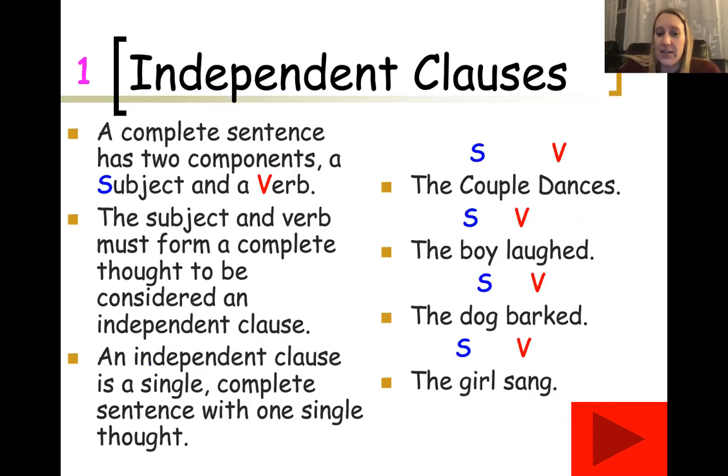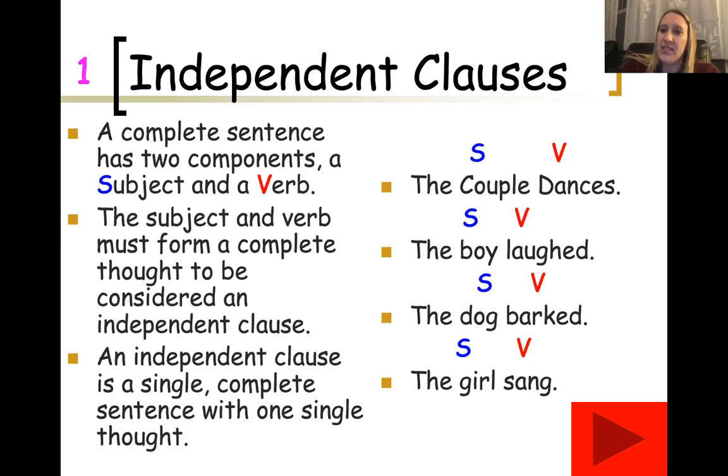Now, an independent clause. One of the ways I like to remember independent clause is the word independent. If you're independent from your parents, that means you don't need help from them to get food, shelter, clothing, money, etc. That's kind of what an independent clause is. It doesn't need any help from anything else to be complete.